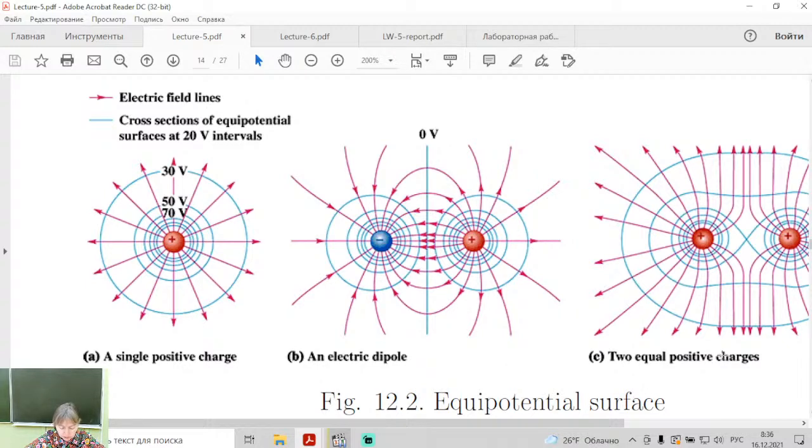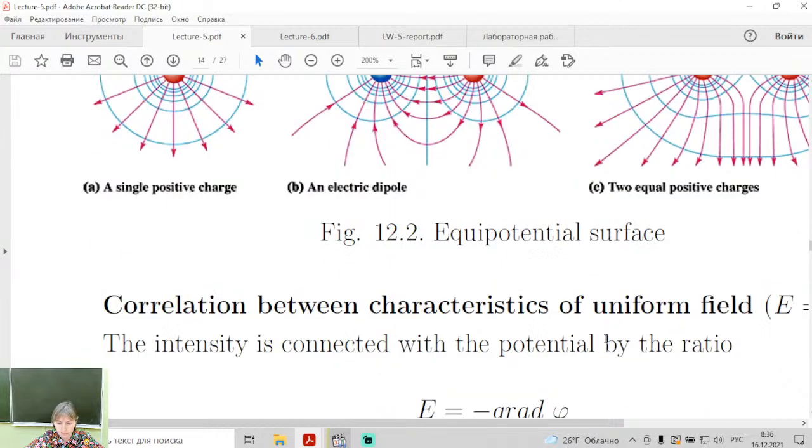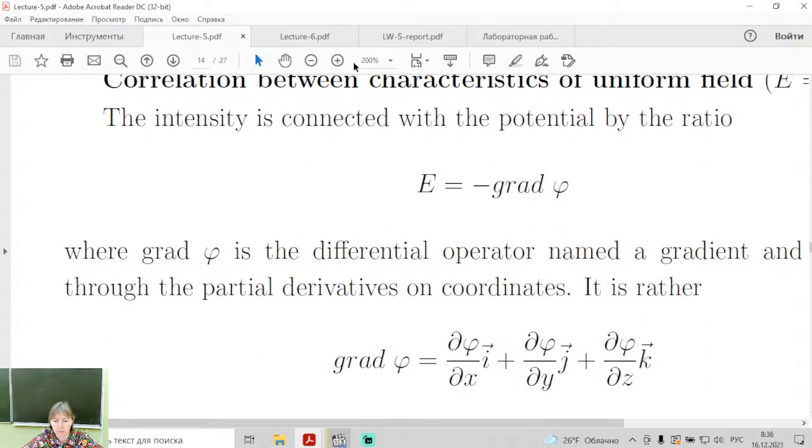Correlation between characteristics of a uniform field. The intensity is connected with the potential by the ratio. Look at here.